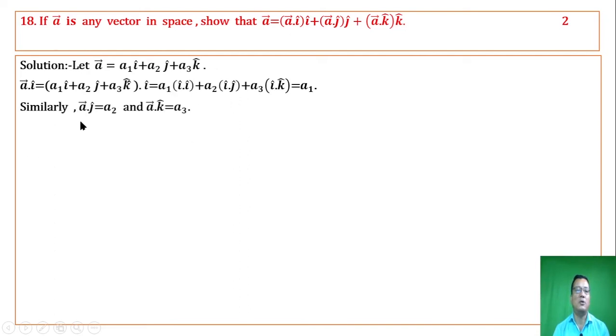Similarly, a dot j cap is a2 and a dot k cap is a3. Putting these values in the above, instead of a1 we write a dot i cap, instead of a2 we write a dot j cap, and instead of a3 we write a dot k cap. Hence proved.